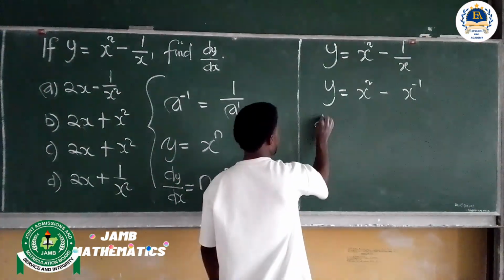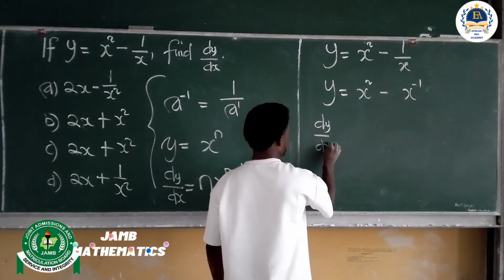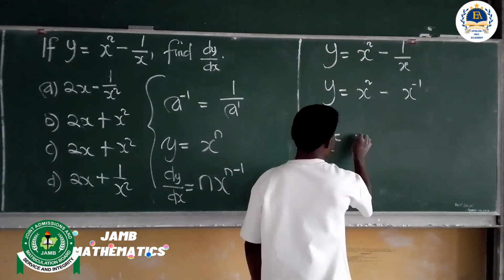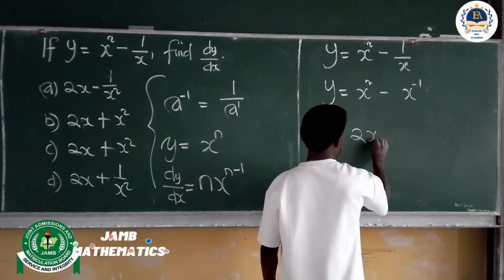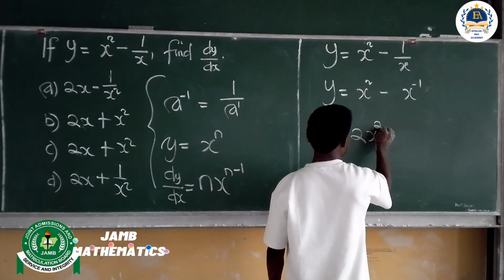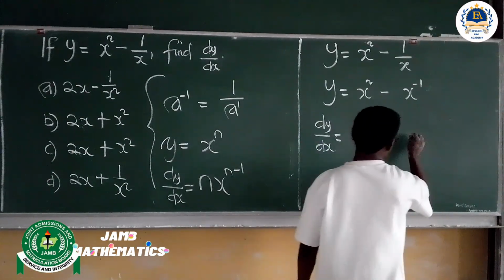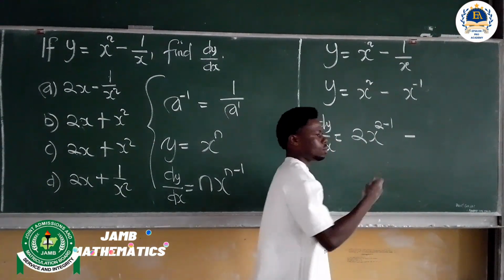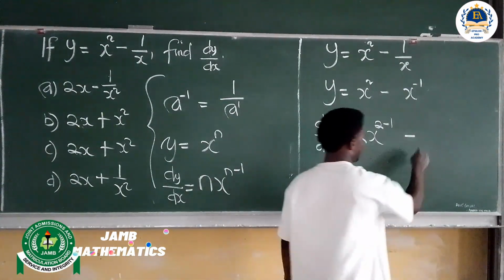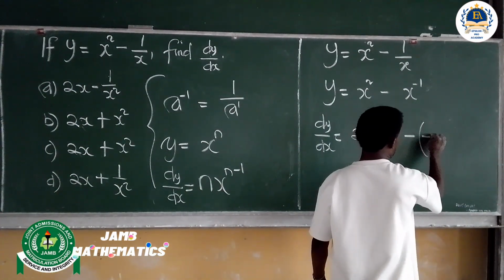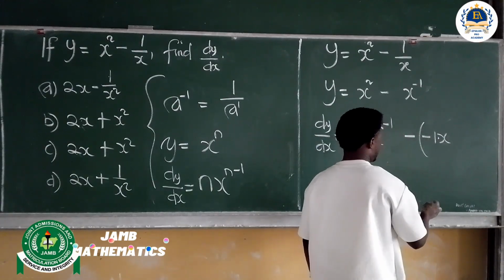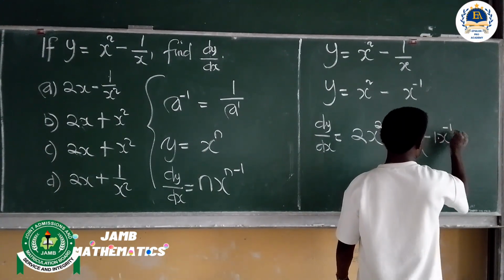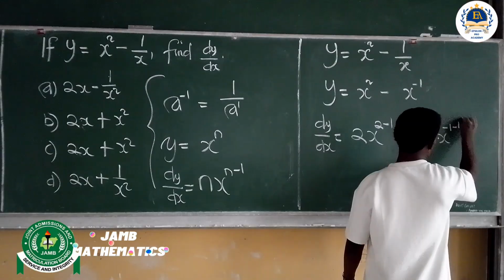So dy over dx will equal 2 times x raised to the power of 2 minus 1, minus, doing the same thing to the second term, minus 1 times x raised to the power of minus 1 minus 1.